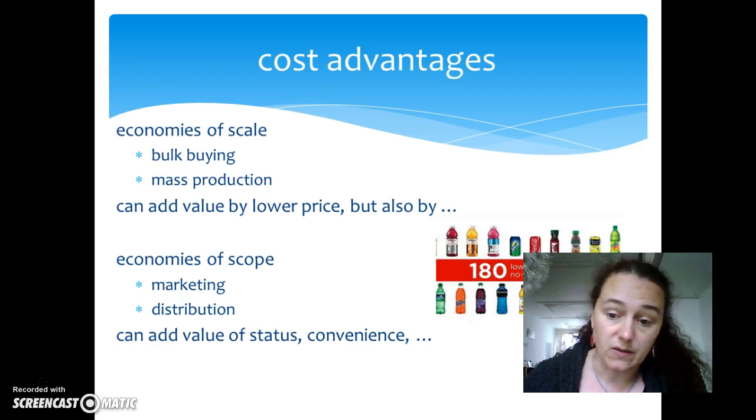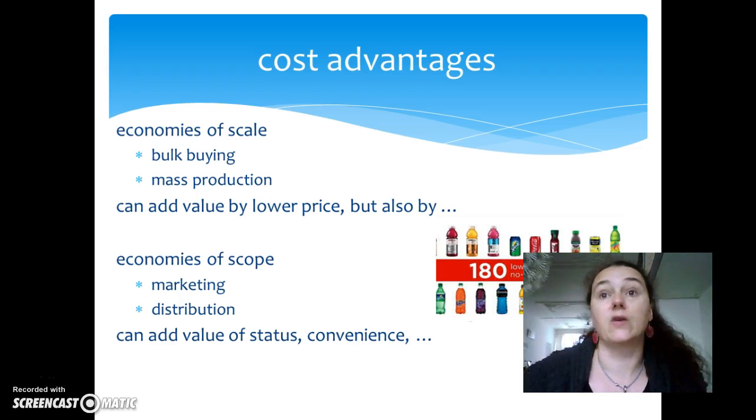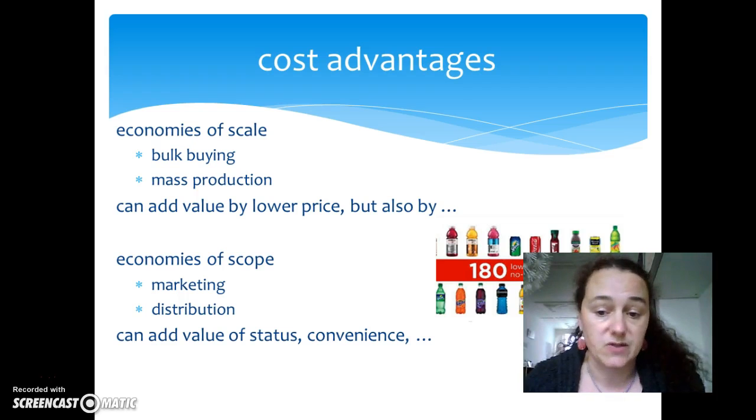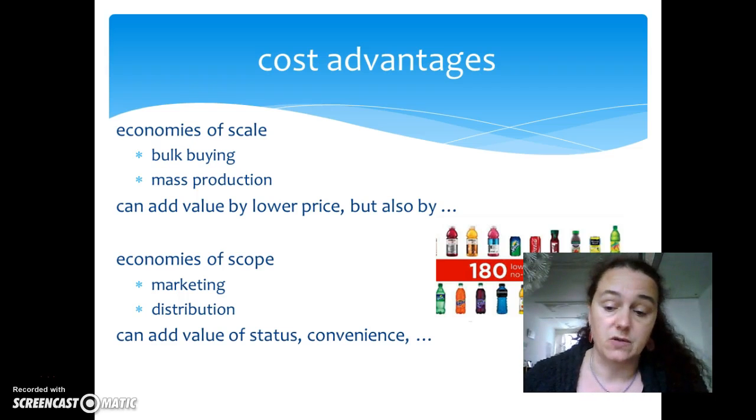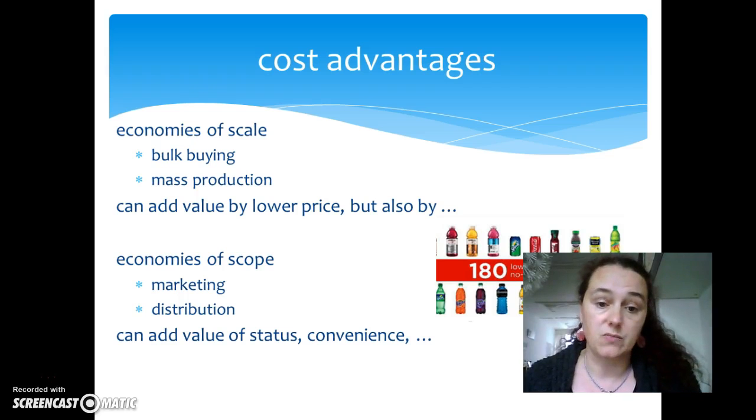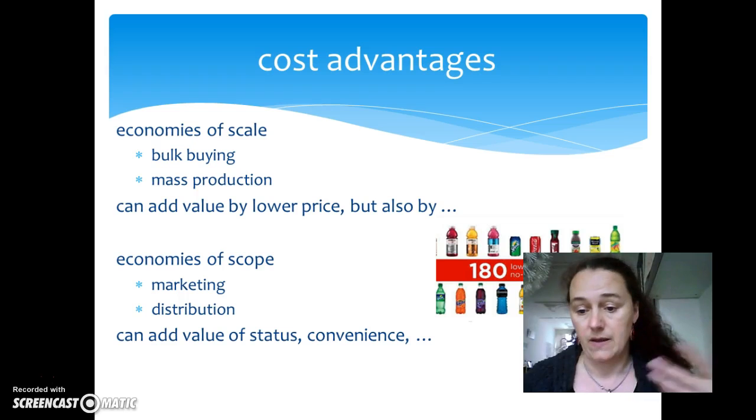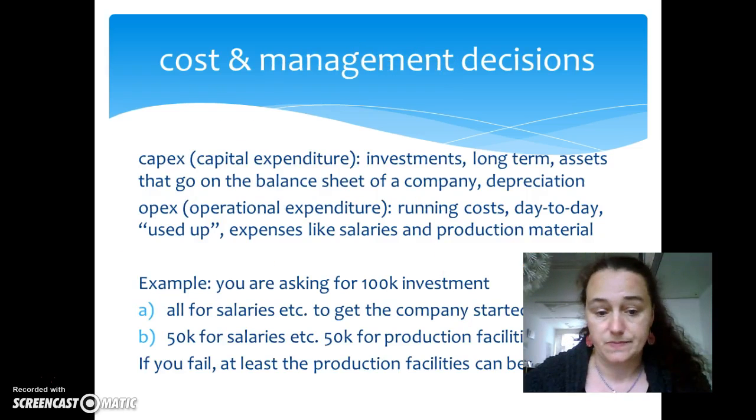If you have a smaller company with a smaller range of products, you cannot get to the same brand level as a bigger company, especially if you look at things such as fast-moving consumer goods. There you often are looking for both economies of scope in terms of advertising into the brand and economies of scale in terms of production and distribution to the supermarkets, etc.